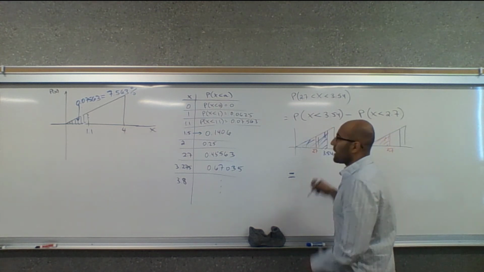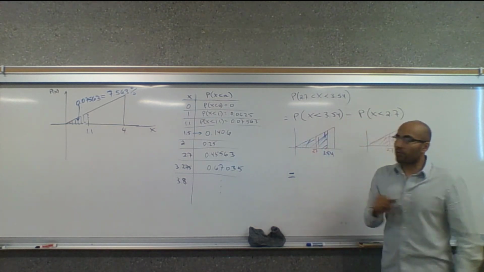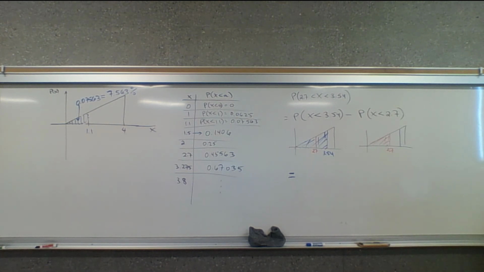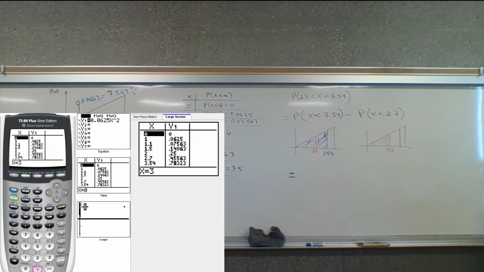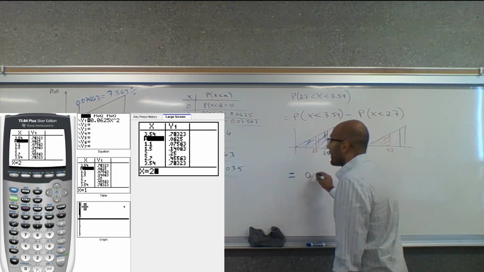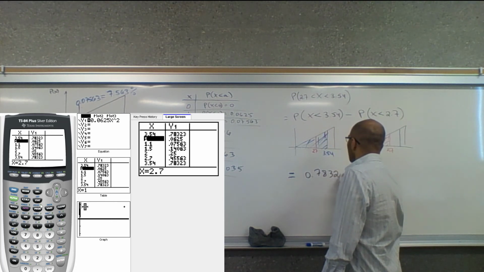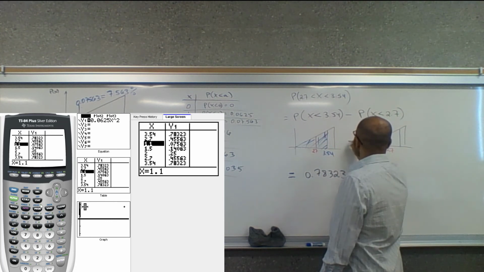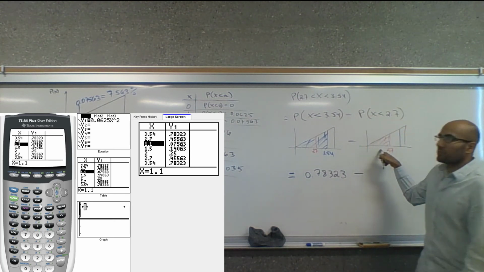So this is going to come from typing into my calculator 3.54. So I'm getting 0.78323 minus, now I want to subtract the little tip over here.